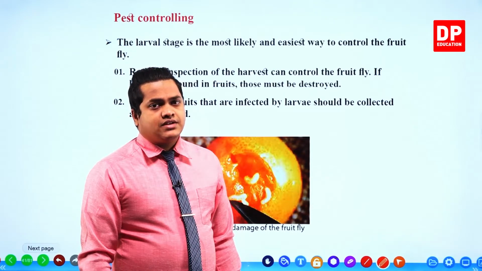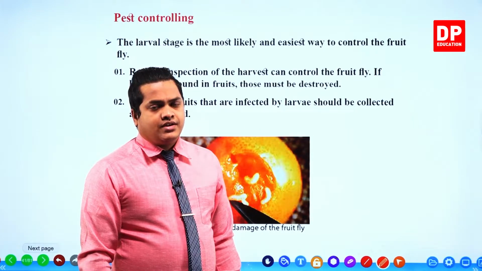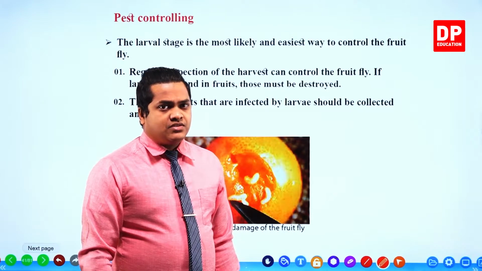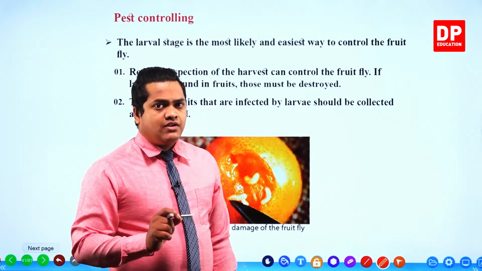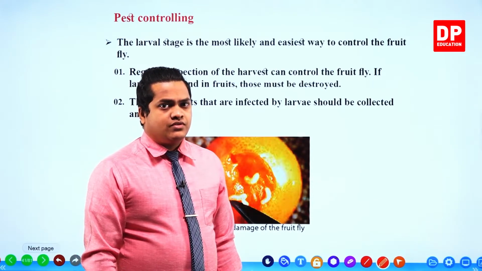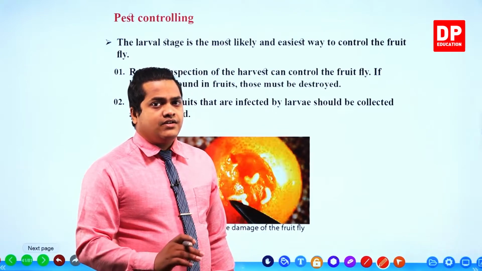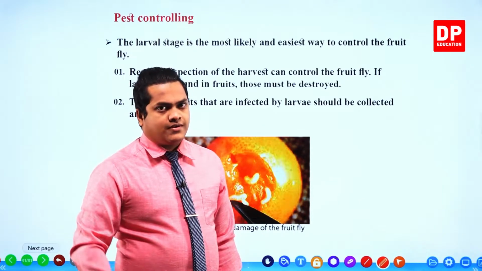However, maggots we can observe very clearly. By regular inspection, we can see whether the fruit fly has pierced the fruits or not, and so come to a conclusion whether the maggots are within the fruits or not.